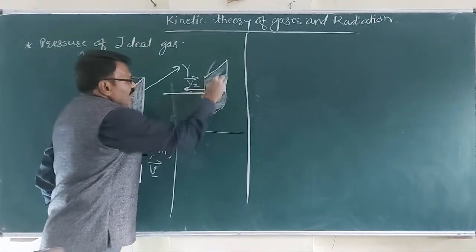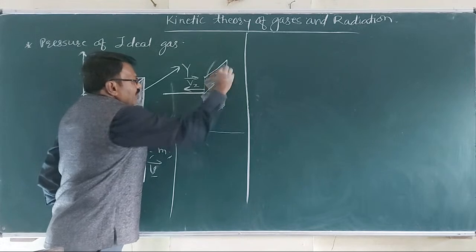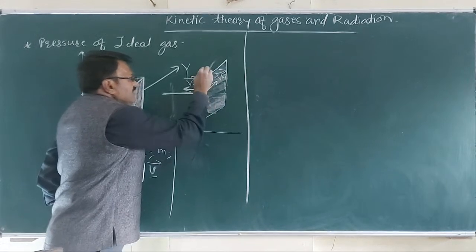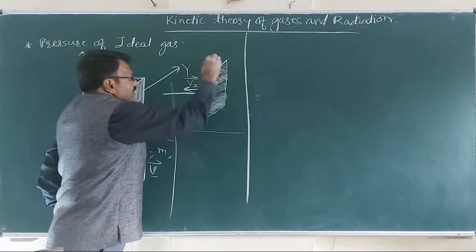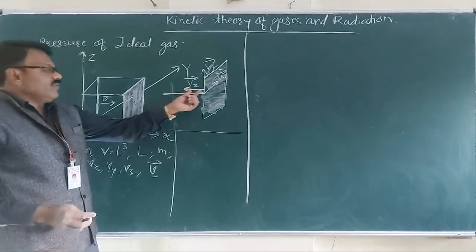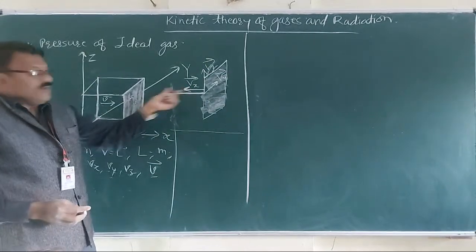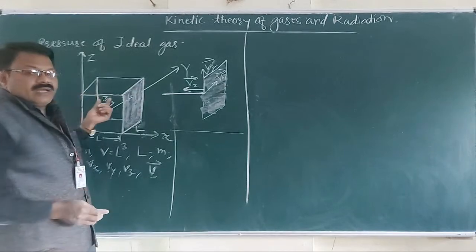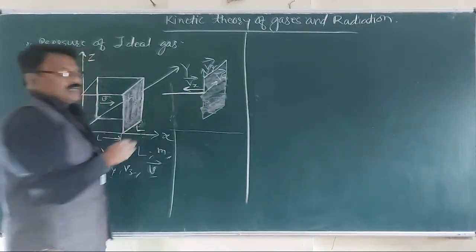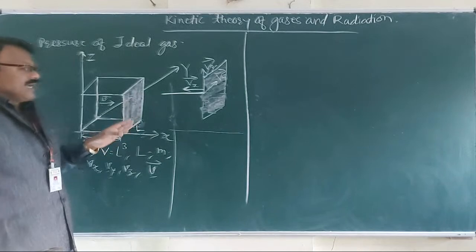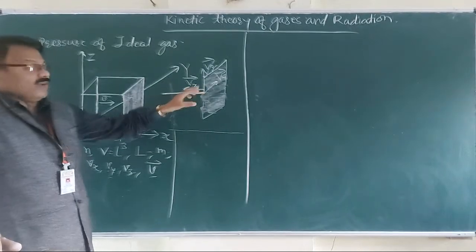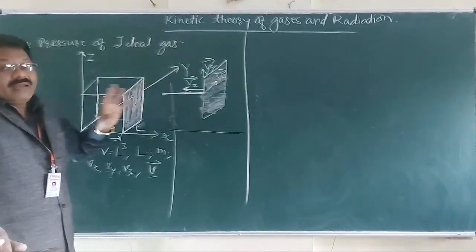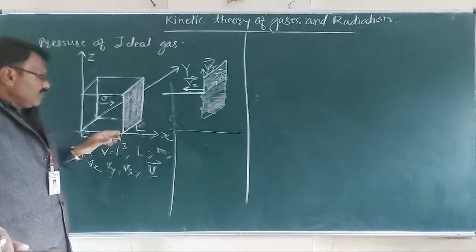Otherwise, along the y axis vy remains the same, and vz also remains the same. Only vx is reversed in the backward direction. We considered that only vx is reversed here, and vy and vz do not change.